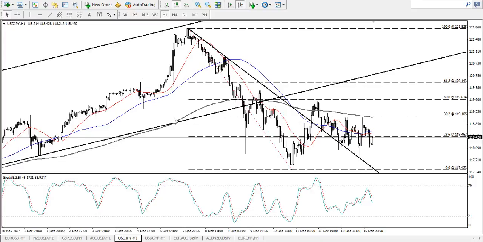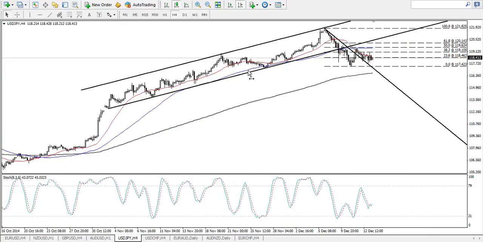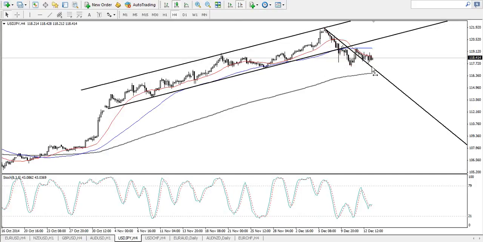Next, we have the dollar against the Japanese yen. First thing to take note is that price has already broken below the previous rising trend channel, and we are still expecting price to retrace further.